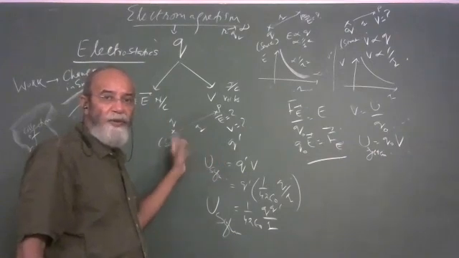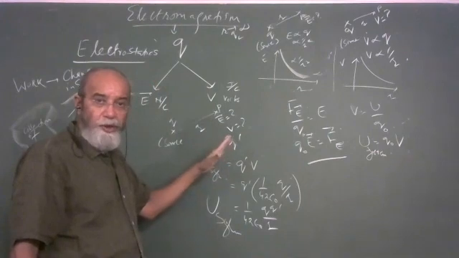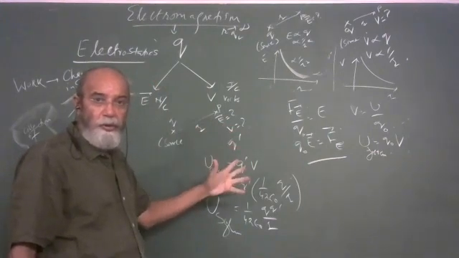Potential of one fellow, in volts. Volts into coulombs: joules.